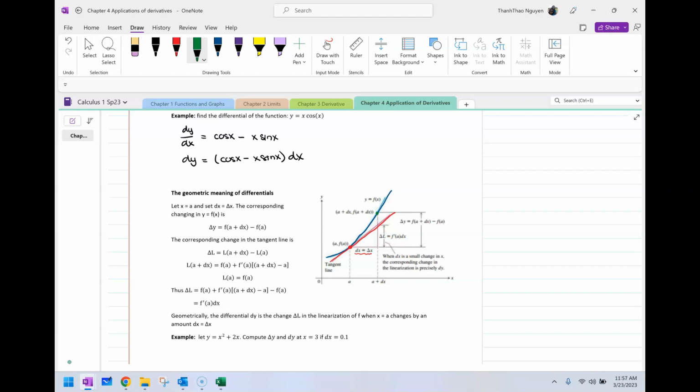So the change in y is this distance here. If delta y is then equal to f of a plus dx minus f of a, this is the distance.